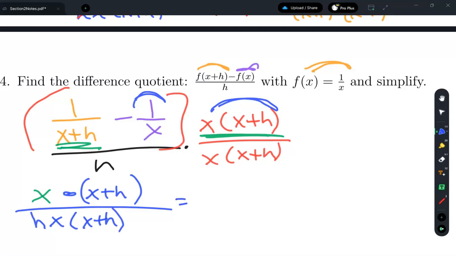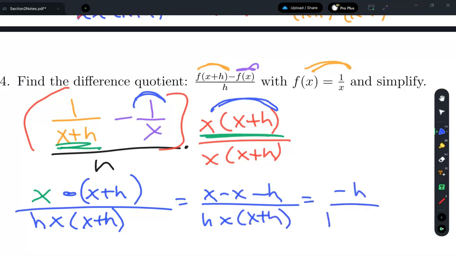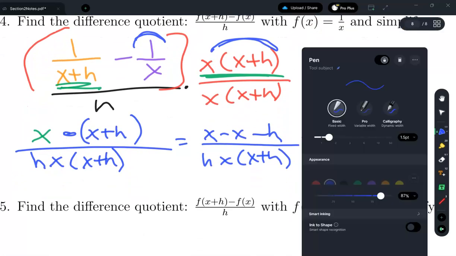So let's see what we've got. x minus, whoops, make that neater. x minus h over h times x times x plus h. About now you're recognizing, hey, wait a minute, haven't we done this problem before? Yes. What I'm going to be doing is helping you through problems that we will be doing more of in the future.